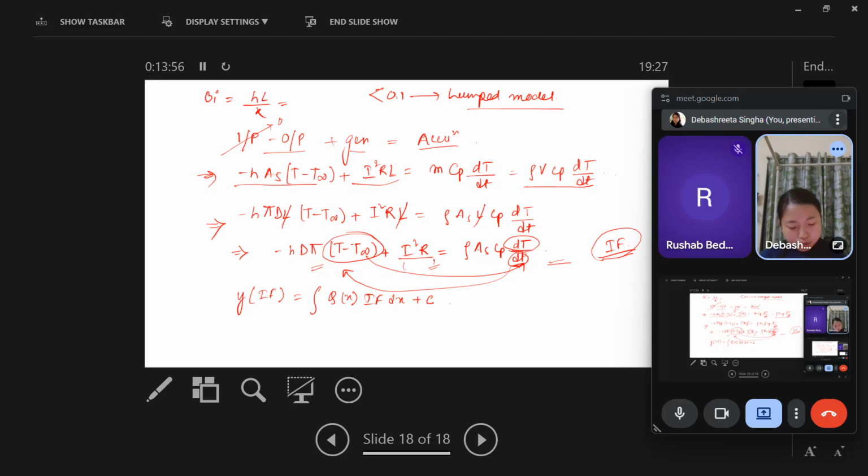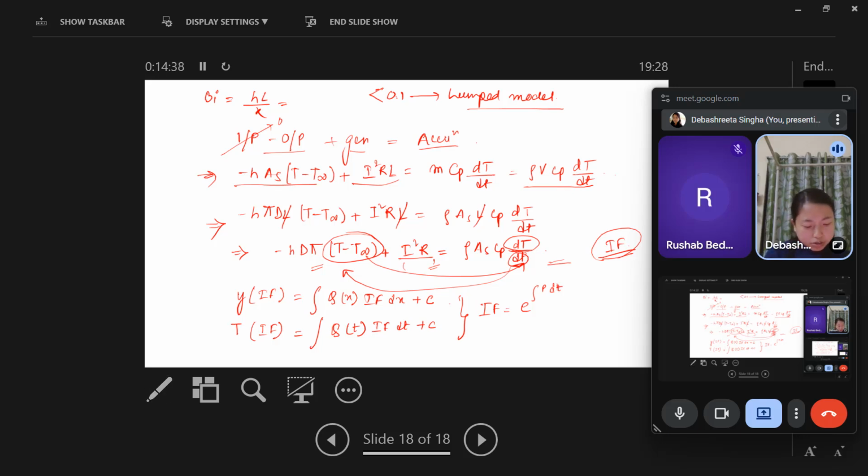Here Y is suppose capital T, IF, Q of small t, IF dt plus C. And what is this IF? e to the power of integral of p dt.